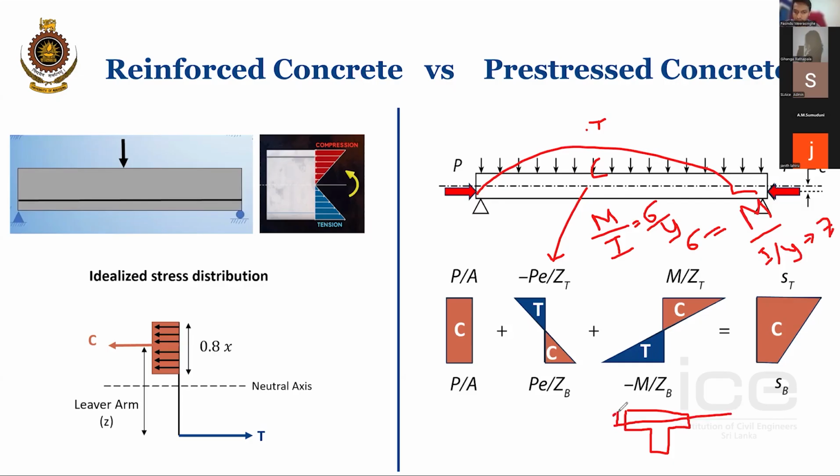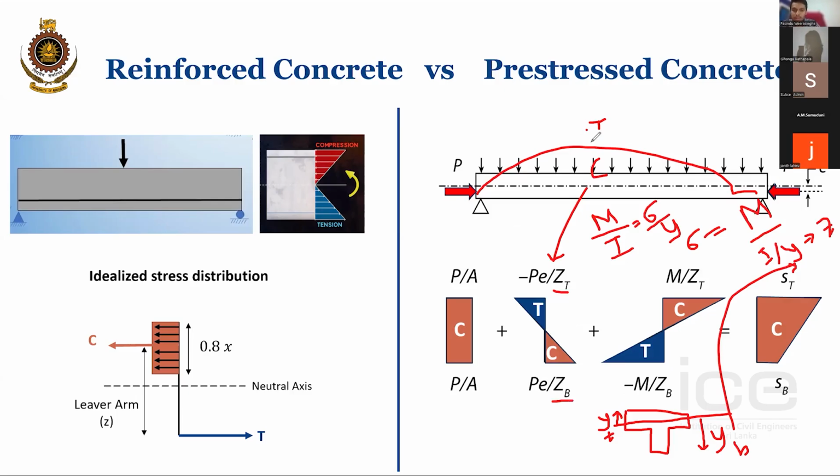Then the distance from the neutral axis to the extreme fiber at the top is different from the distance from the neutral axis to the bottom. When y changes, even though you have the same I value, the section modulus changes. That is why we have a different notation for Z_T and Z_B.